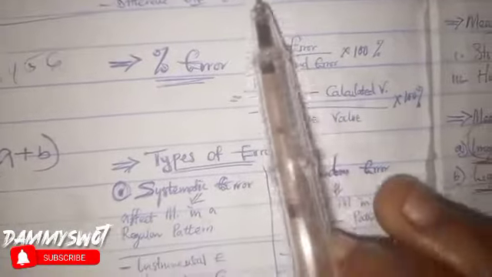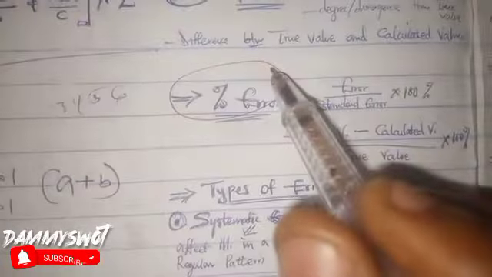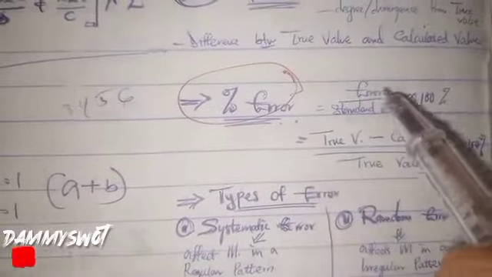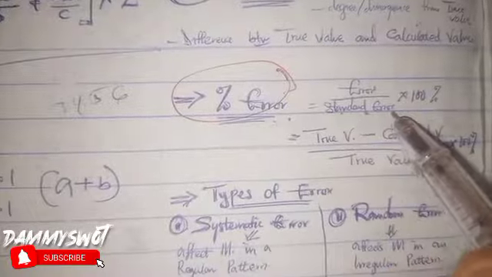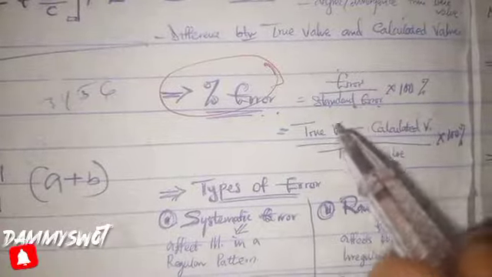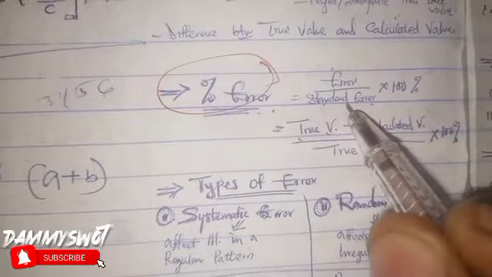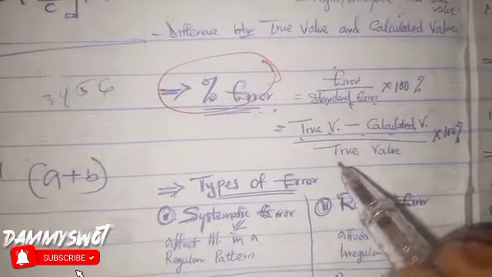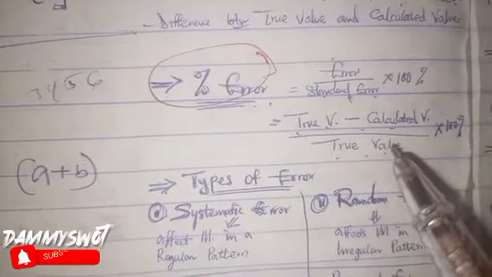So now, when you know that, you should also know the percentage error. Percentage error means that error divided by standard error. And what is your error? Error is true value minus calculated value. Standard error can also be your true value, meaning that something that is true, it is standard.